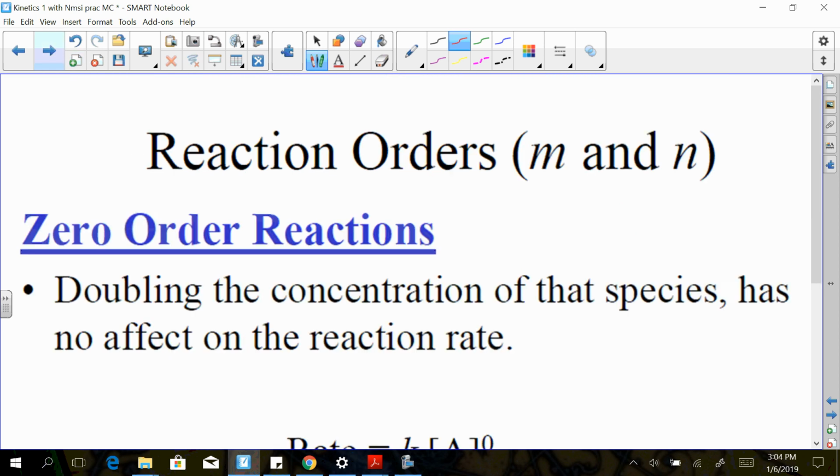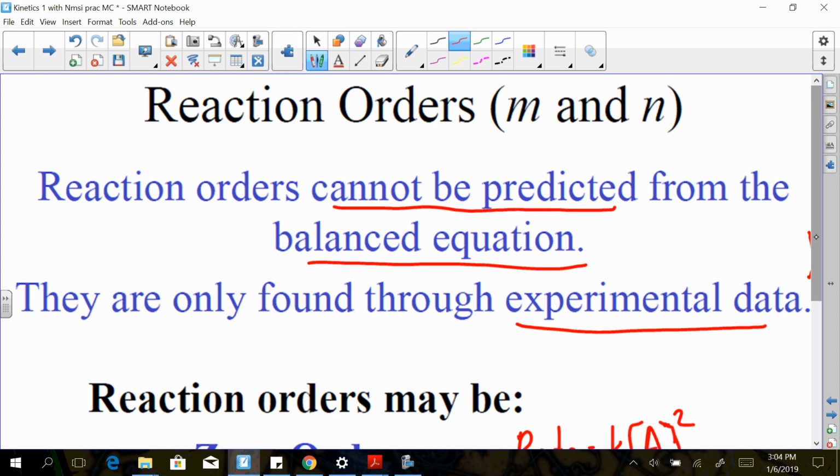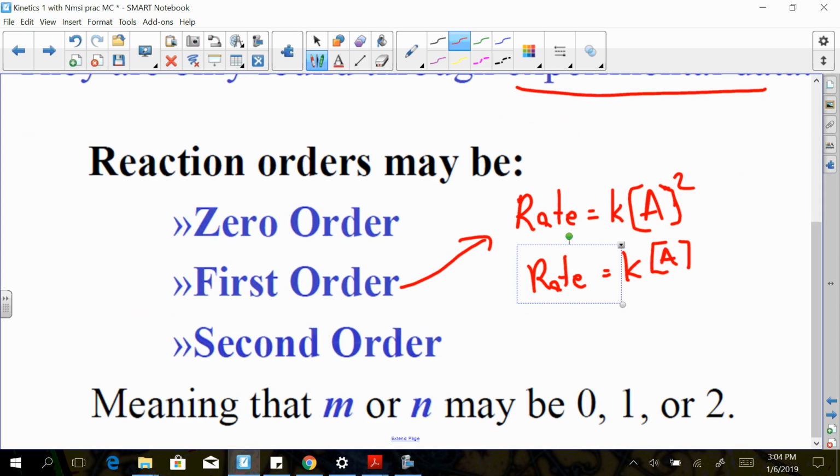Now I will say that these are the ones that you're going to have to worry about for reactants. They can actually be fractions. We don't have to do that, but just so you can know, they could be third order. We are not going to do that for individual reactants, although it might be third order overall. We might do a third order overall reaction. So if you have two reactants, for example, let's say you have A and B, and B is raised to the first power.